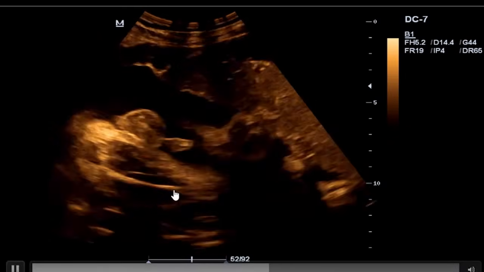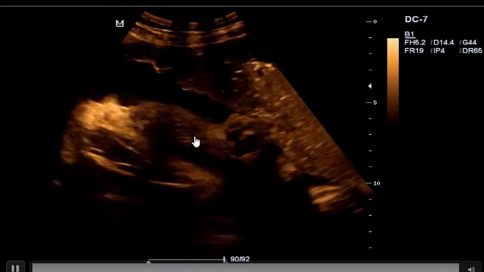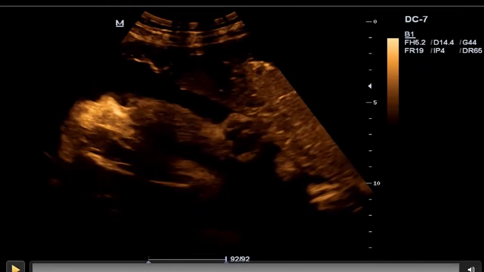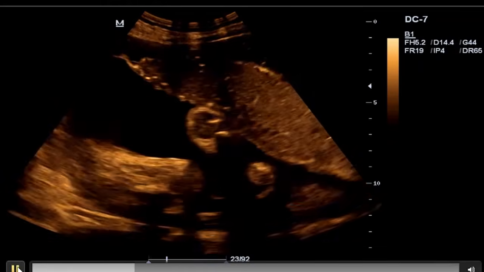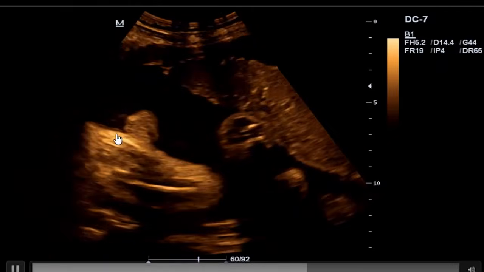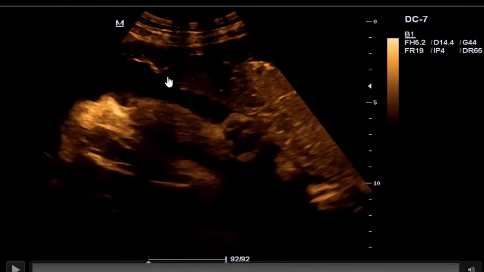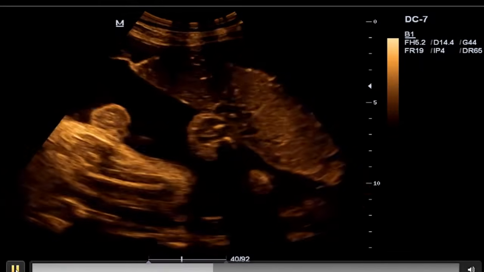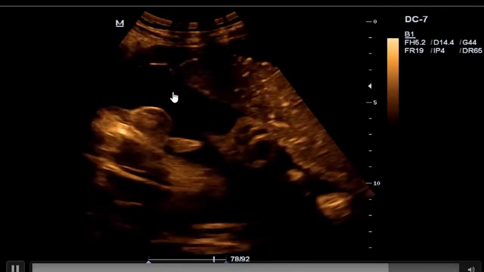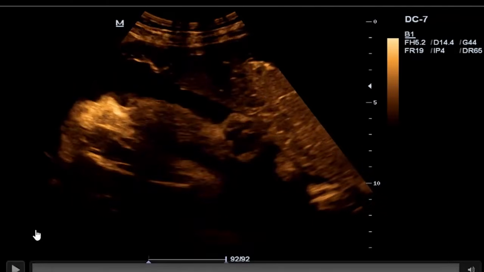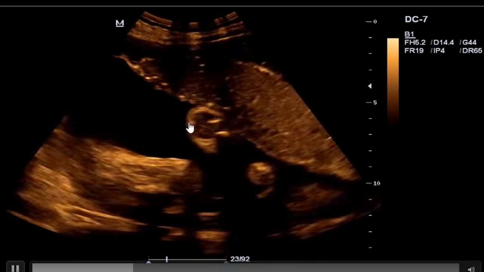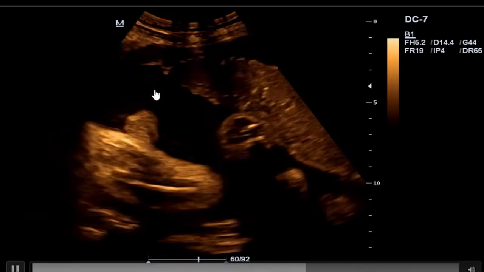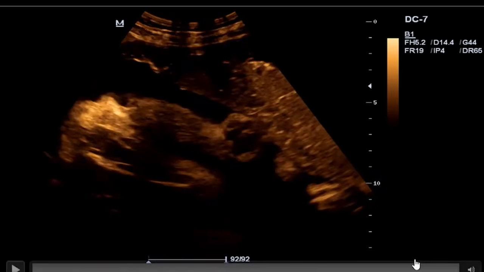In the amniotic fluid, in between the legs here, that's where we see our fetal sign. So that's the technique that we use to identify and differentiate a male from a female genitalia in utero, or in the womb. So you can see nicely here that this is 100% a boy, positive fetal sign.